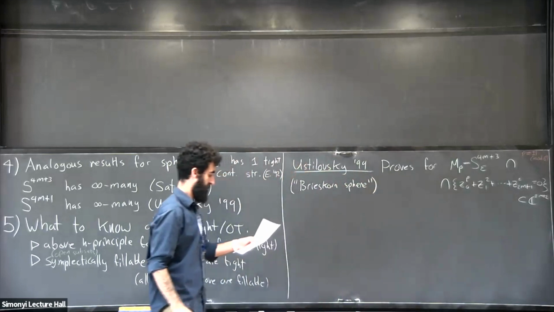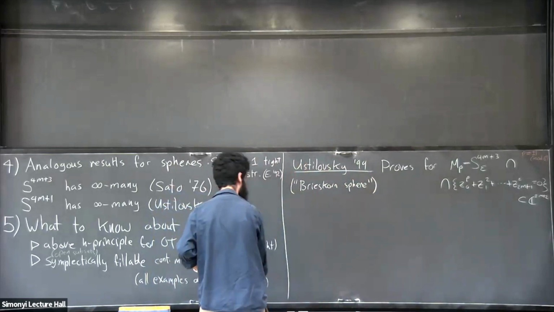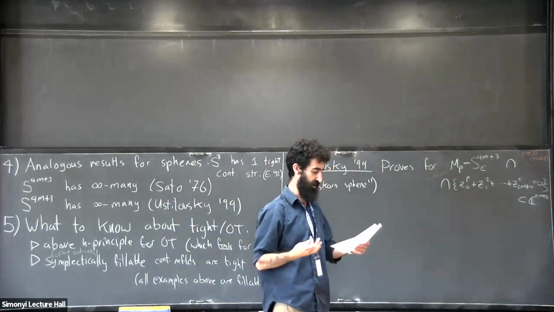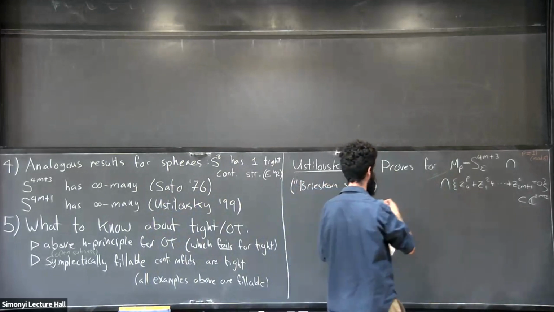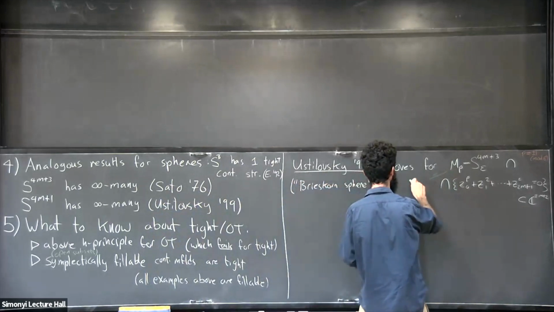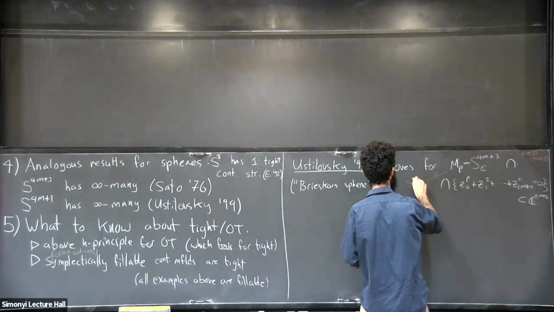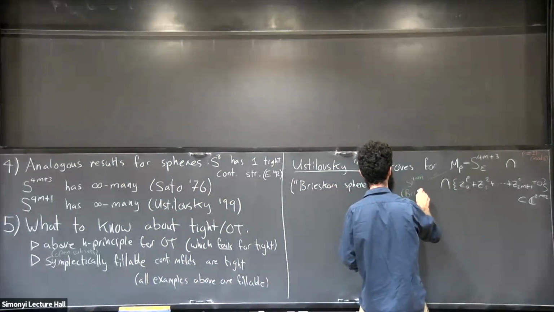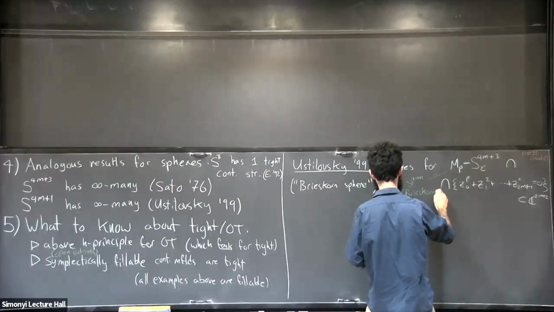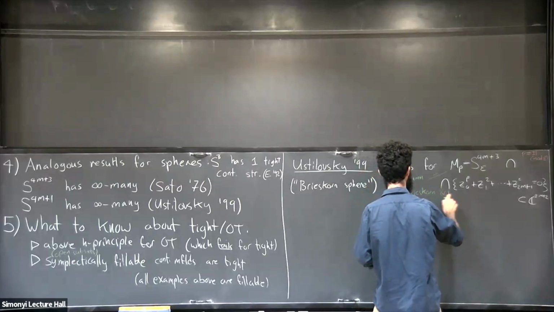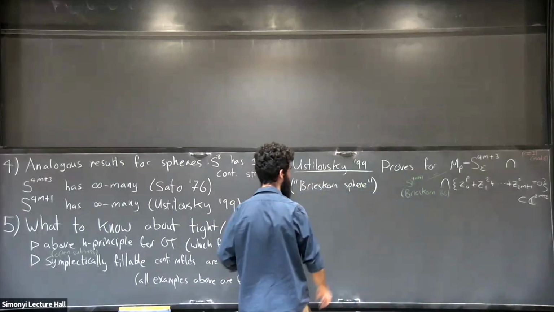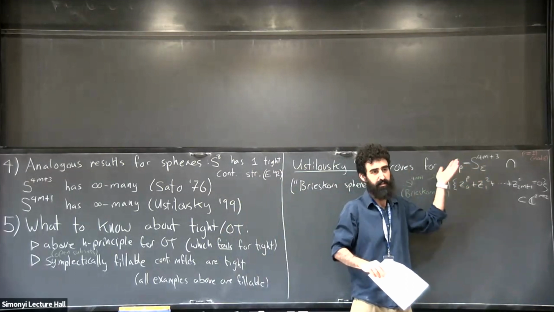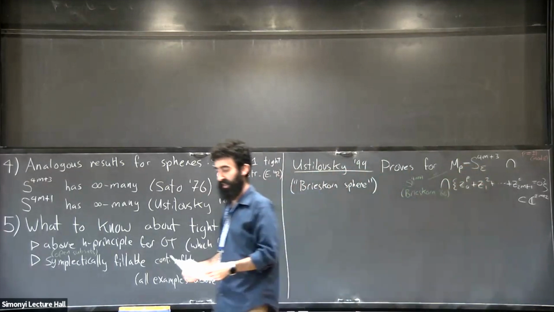And it's a theorem of Brieskorn that it is in fact diffeomorphic to a sphere. So he classified exactly which manifolds arising this way are smooth spheres and which ones are exotic spheres, which some of them are.